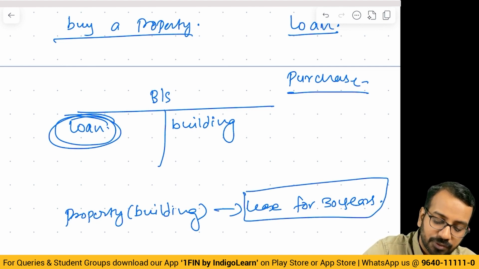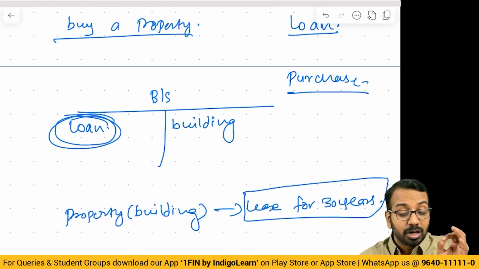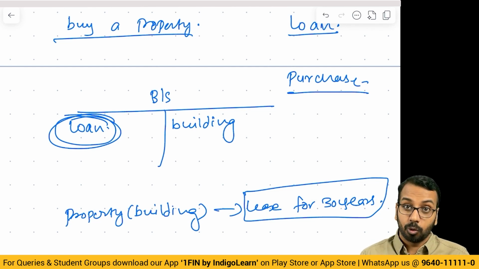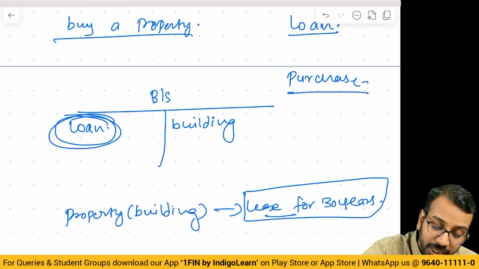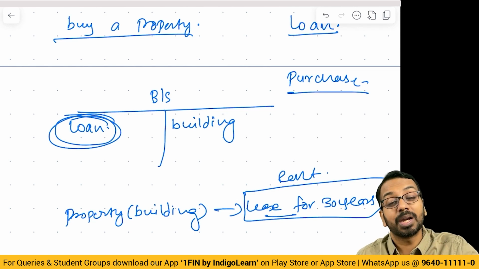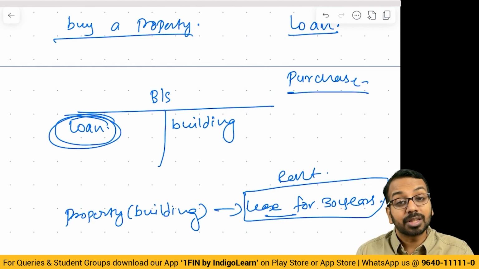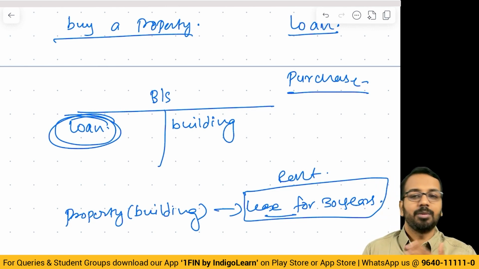For 30 years, I will make the payment. I will not cancel the lease. So what I'm trying to do, I'm trying to take something on rent for 30 years, but I'm committing to the rental payments. I will not be able to cancel the rental payments. And for the entire 30-year period, I will be enjoying the property.